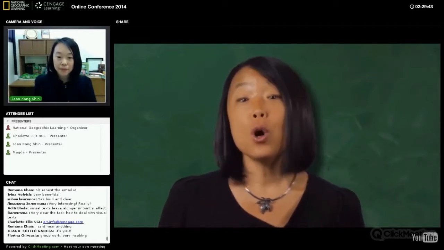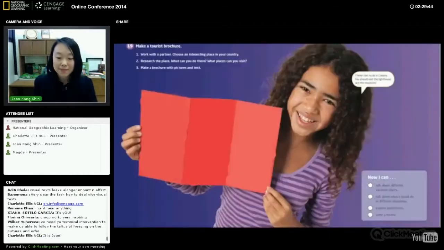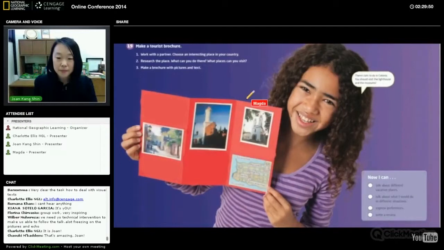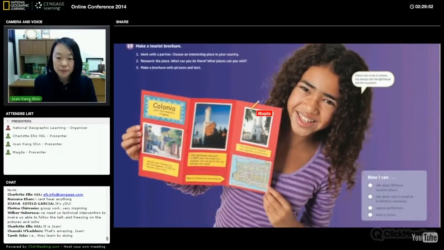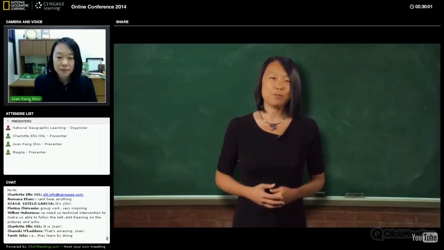However, you could also bring in examples of real-life posters, brochures, recipes, and advertisements for students to analyze. Have them look at and discuss the layout, formatting, choice of photos or illustrations, color and size of text, amount of text used, and placement of text versus images. Then have them create their own visual.